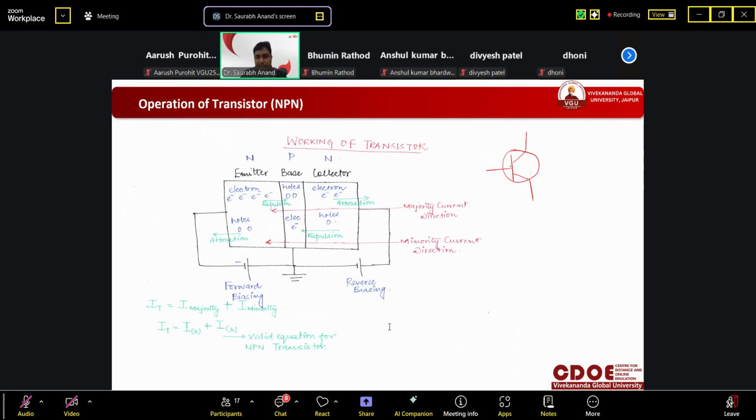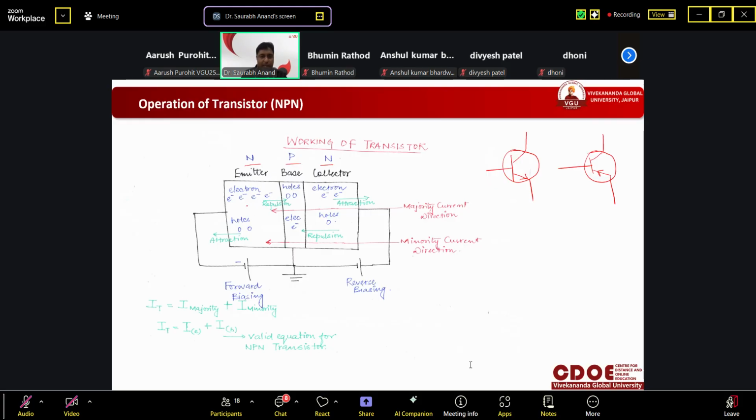We have two transistors, NPN and PNP. So I will draw the same thing twice, like this. But the difference is of this arrow. One will be outside, second will be inside, right? So this was NPN transistor.